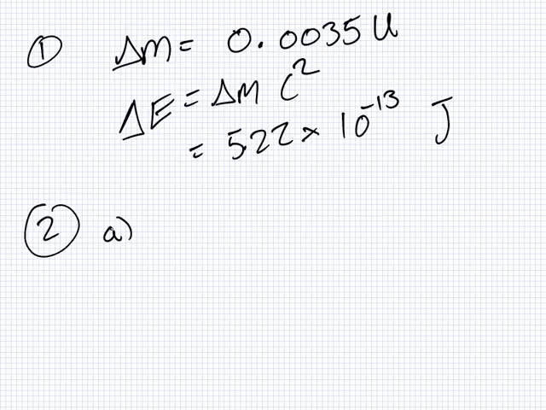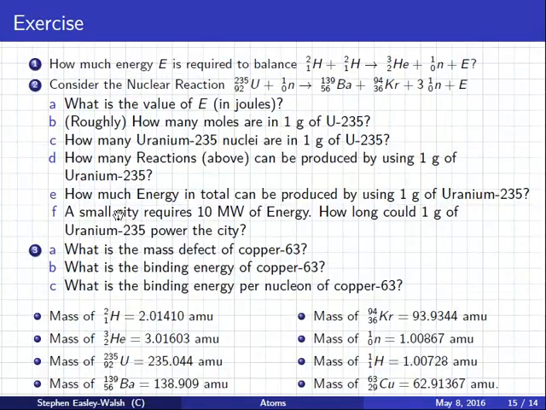Okay, next one. Another one we need to balance. So on the left we have uranium-235 plus a neutron, and that becomes barium. Where's Ba? Oh, there it is.